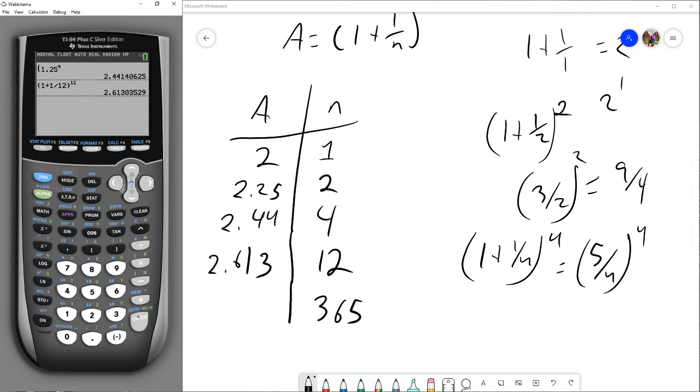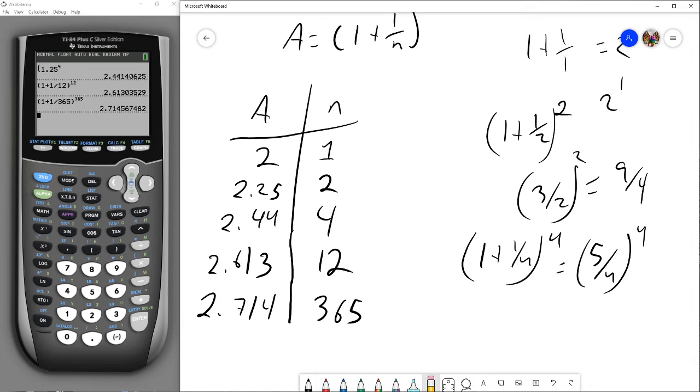How much money are we going to make? What? 10 cents more? You gotta be kidding me. Compound interest every day and you only gain 10 more cents. Okay. Oh, I should round that up. Better math. There we go.